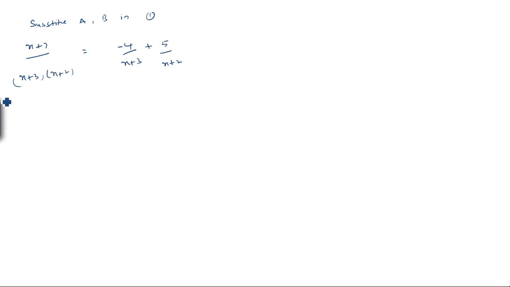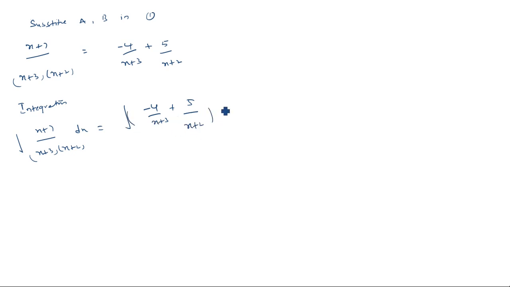And we do the integration. So we get the integration of (x plus 7) by (x plus 3) into (x plus 2), this into dx. We have two terms involved, so the integration can be separated.